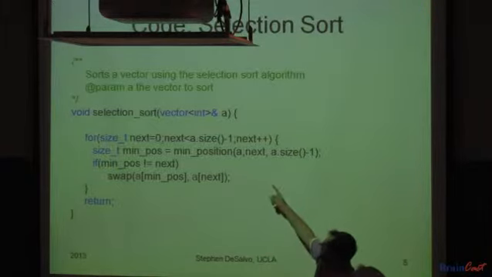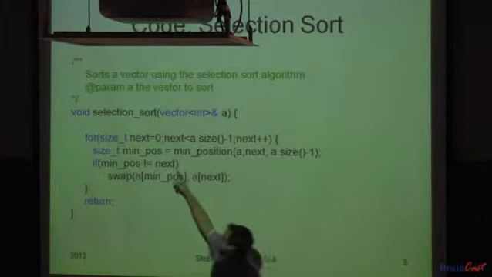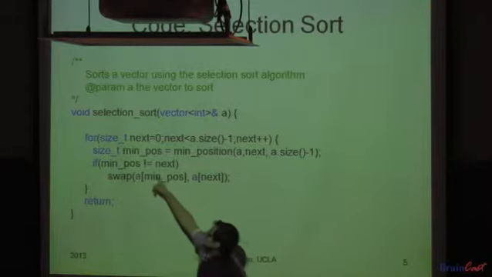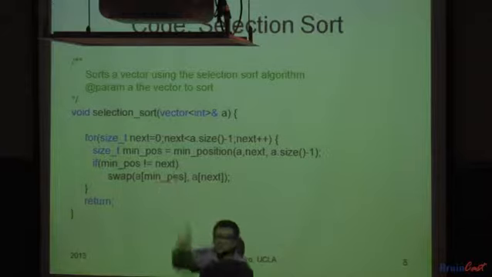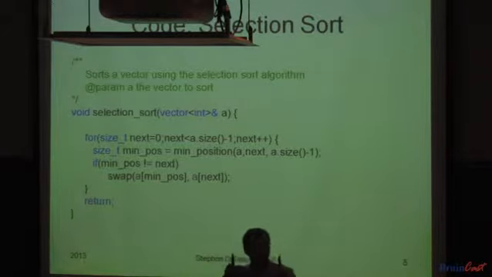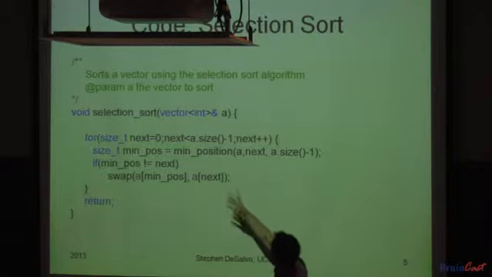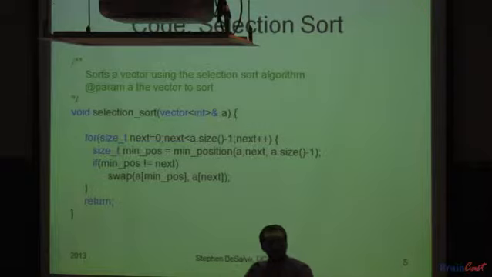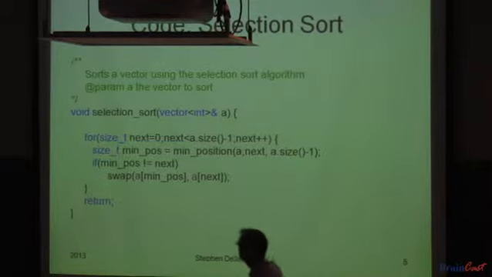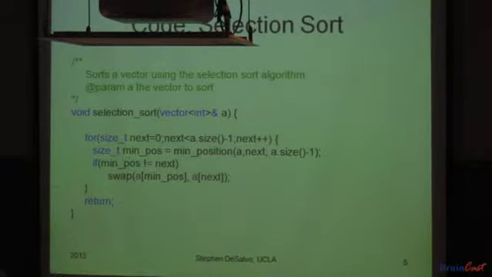Find the value of the minimum index, swap it into place, if it's not already in its current position, that's what this means. If min position is not equal to the current index next, then don't do anything because it's already swapped. Otherwise, swap it into place, and then increment next to the next value, and then call it again, and keep doing this. Okay? So it's just a loop, really. It's very simple code to write and easy to read.